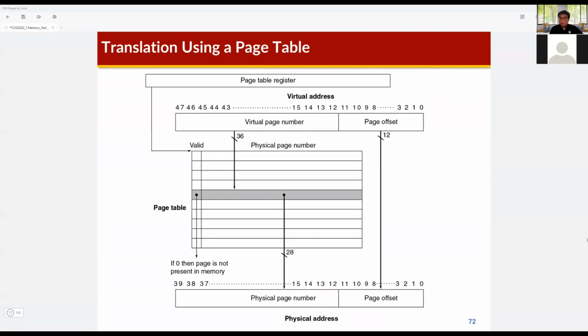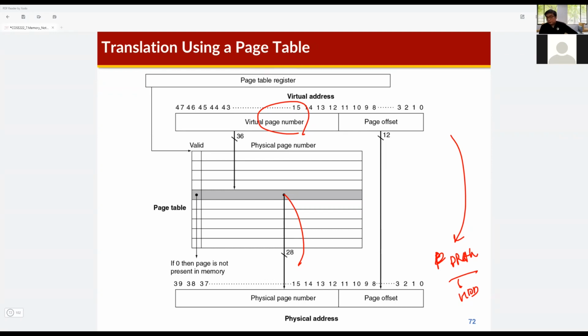So that's how the data is accessed in the physical memory. With the virtual page number, we get the physical page number, and with this physical page number, the physical memory like DRAM, or some swap space in the hard disk drive, is accessed.